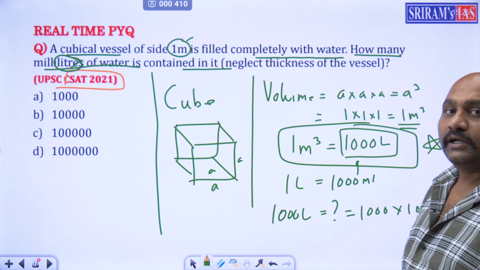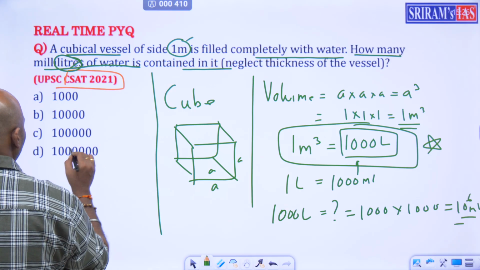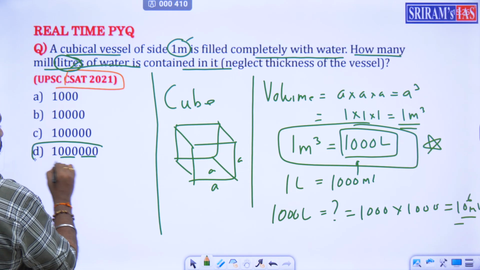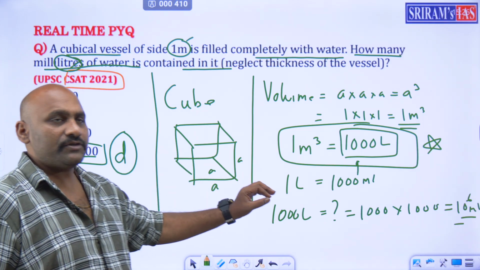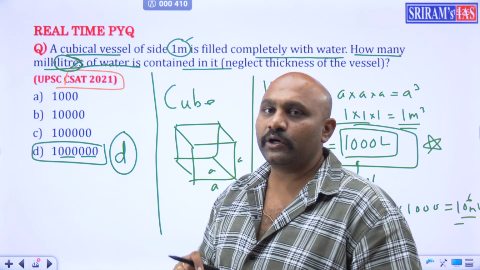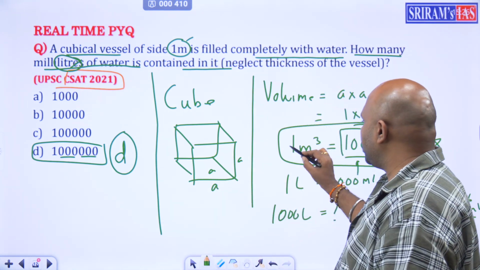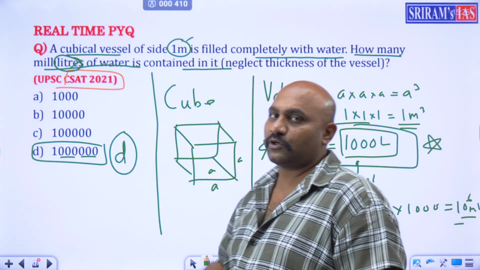That means you must have 6 zeros. If you look at the options, the answer is option D. This was a simple question asked in UPSC 2021. What they are expecting the student to know is that 1 meter cube is equal to 1000 liters. If you know that, it is a very simple way to solve this question.